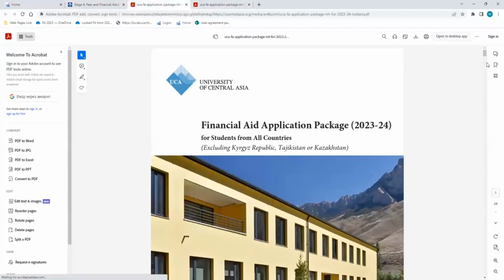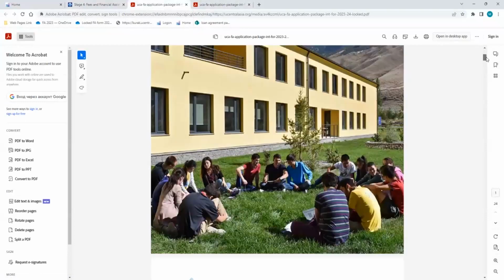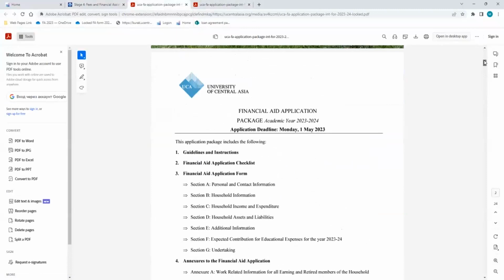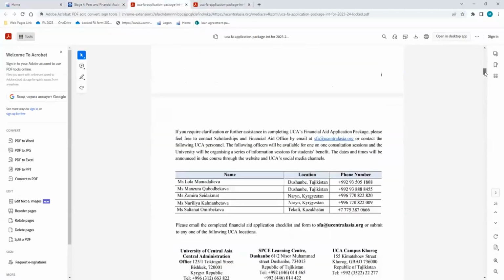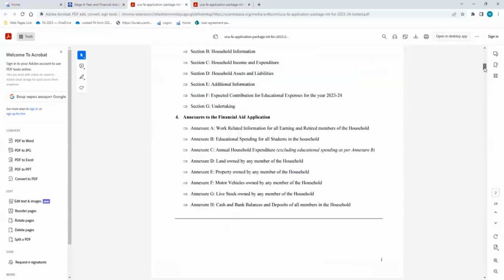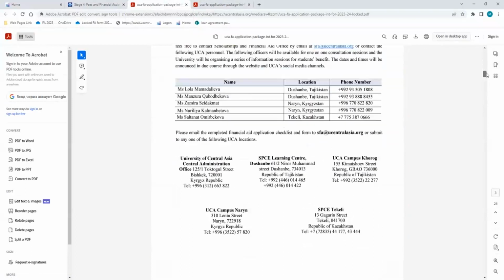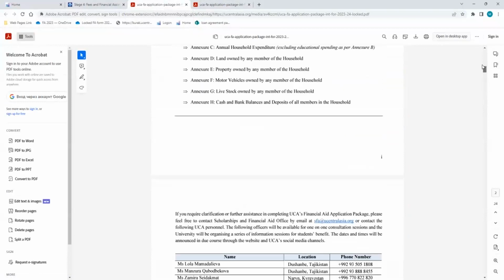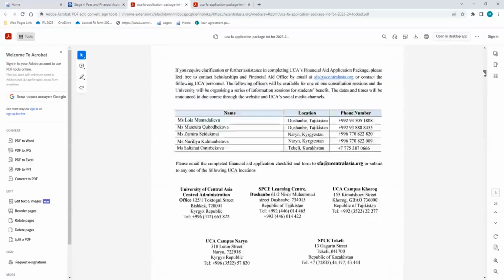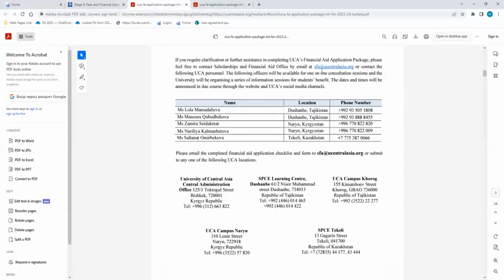When you click, you will have the PDF format, which we are offering you as guidance to fill in the application. So mostly you will need these details as indicated here. First of all, we're sharing the email address, which you can use, and you can address your questions to this email.